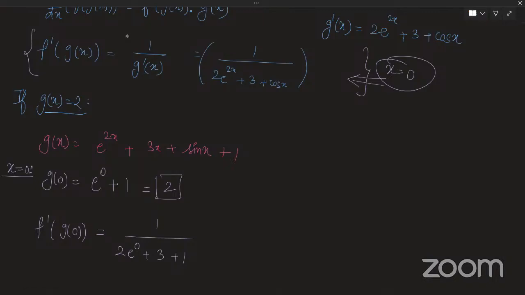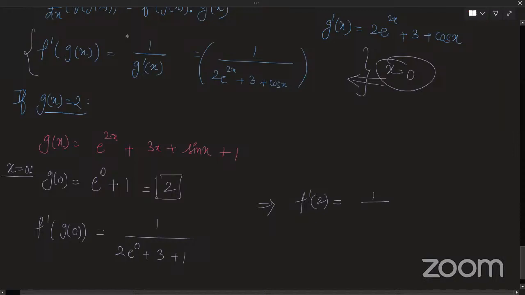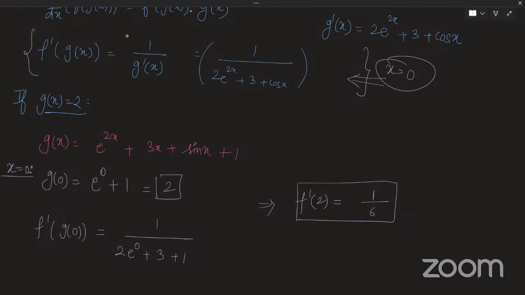And g of 0 is 2, so I get the value of f dash of 2 as 1 by what? 4? 5? 6, it should be 6, right? Yes, sir, 6, because e raised to 0 is 1, so 2 plus 3 plus 1 is 6. So f dash 2 is 1 by 6.